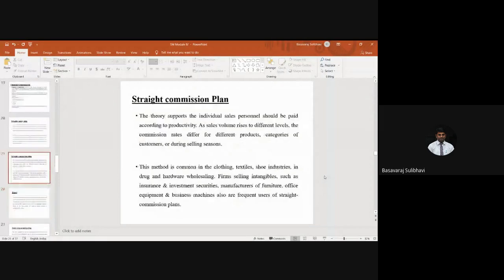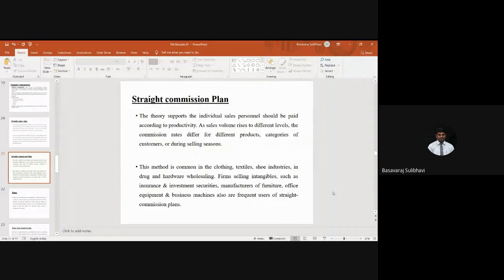So next we have something like a straight commission plan, which supports performance-based salespeople and helps the organization increase the performance of the salesperson.